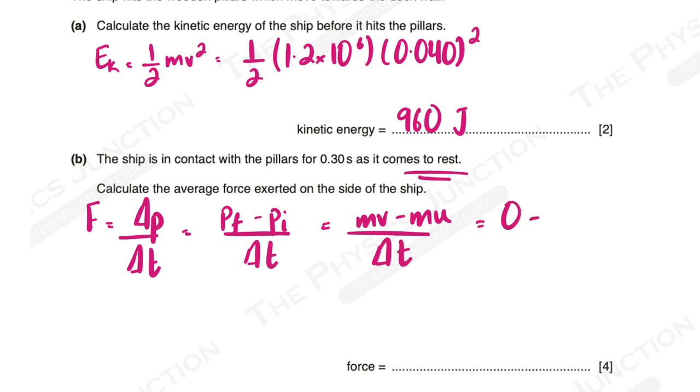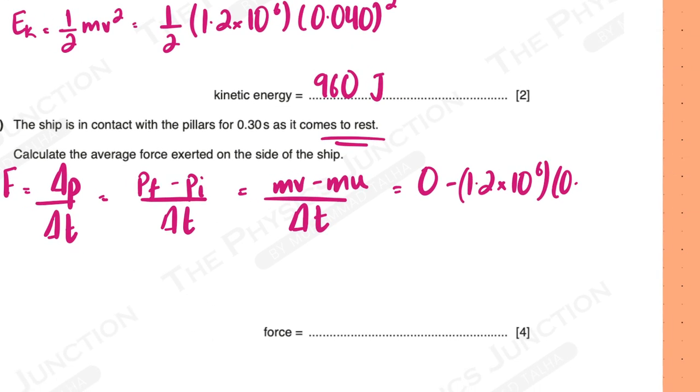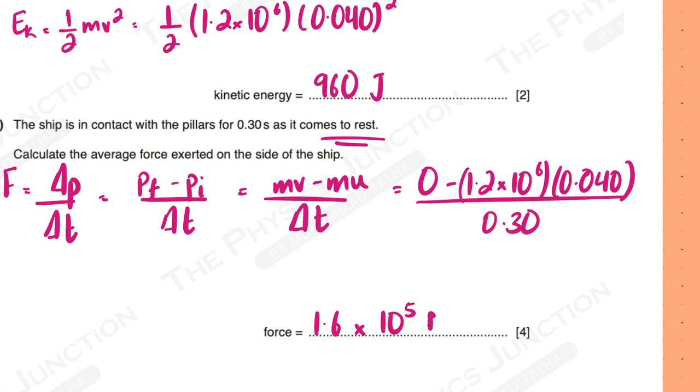So 0 minus mass, which is 1.2 into 10 to the 6, into its initial velocity, which is 0.040, divided by the time, which is 0.3 seconds. So you find this out. So this value for the force turns out to be 1.6 into 10 to the 5 newtons.